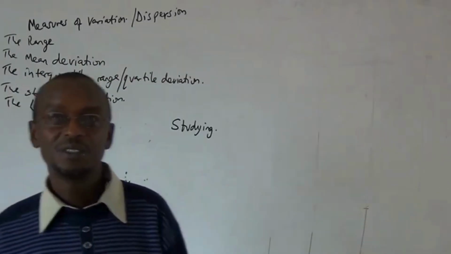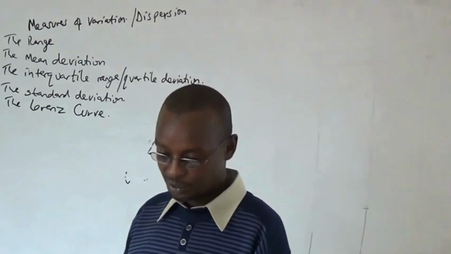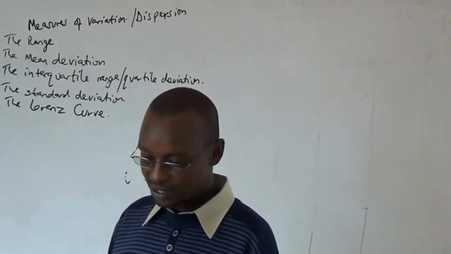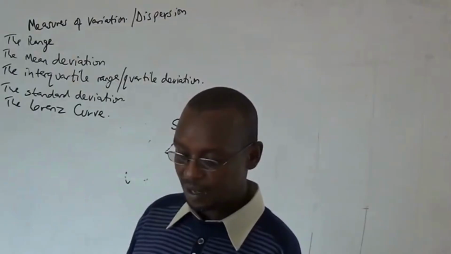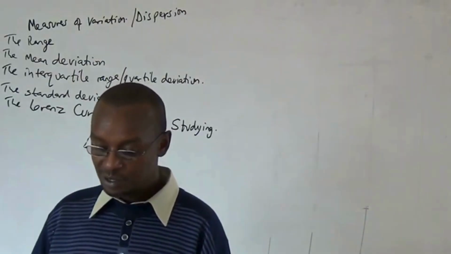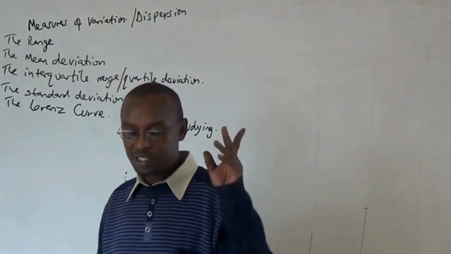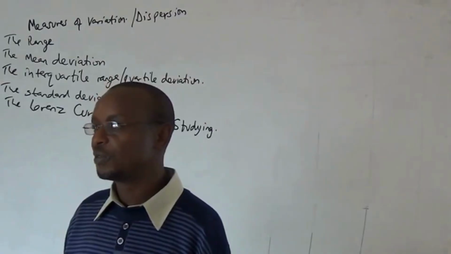The range is defined as the difference between the highest and the smallest values in a frequency distribution. This measure is not very efficient because it utilizes only two values in a given frequency distribution.